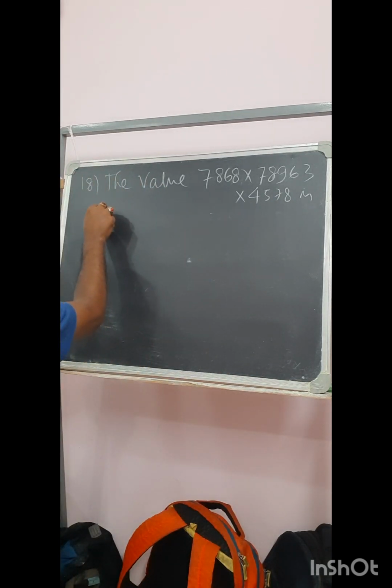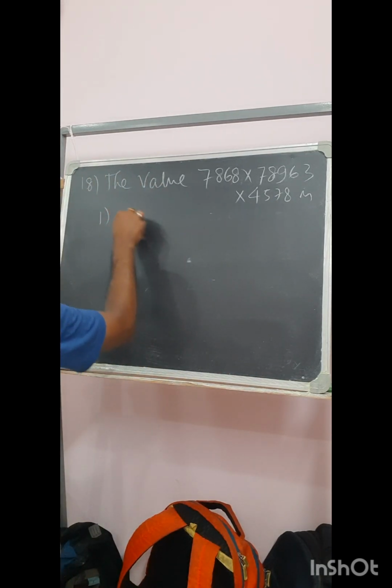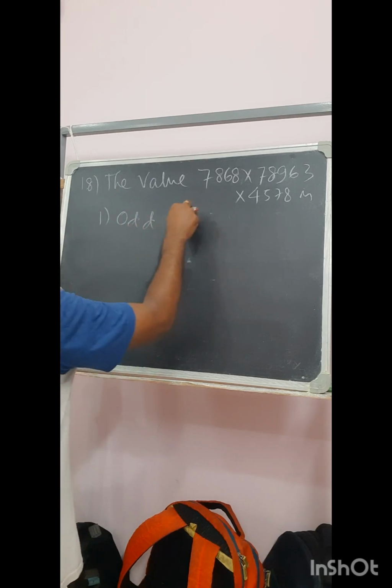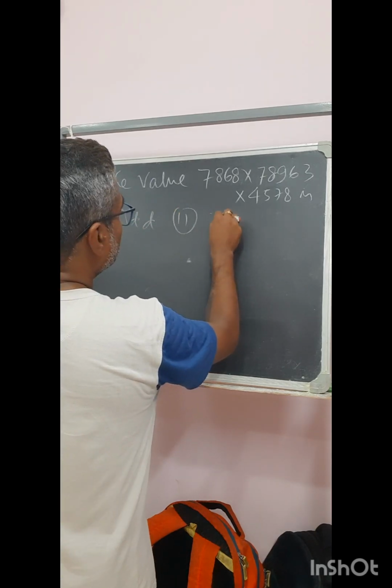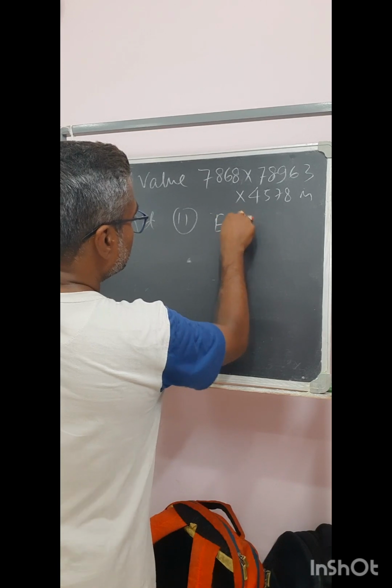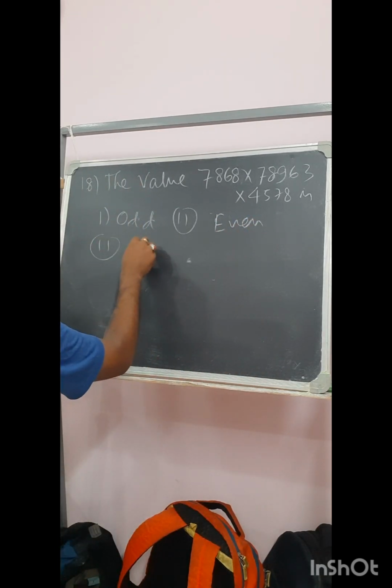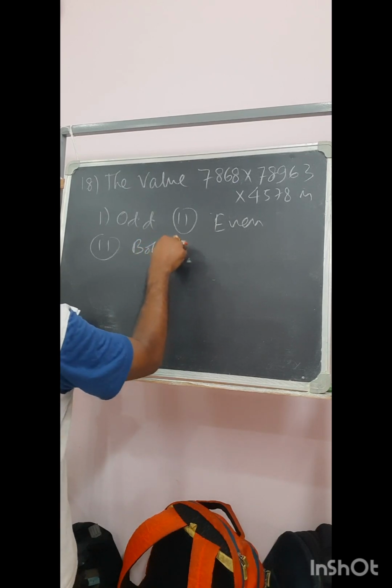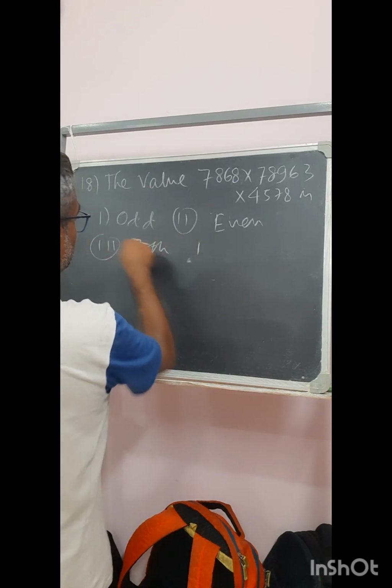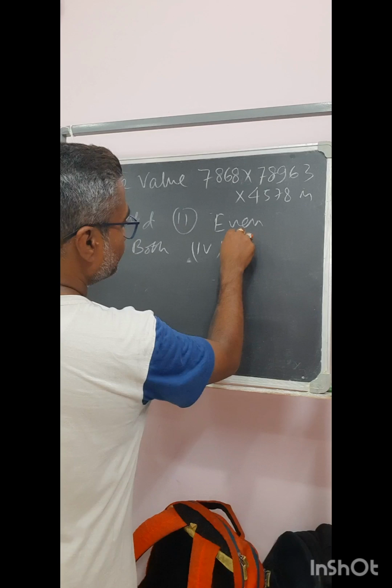You have to decide whether it will be odd. Second option is even. Third option is both. Fourth option is neither.